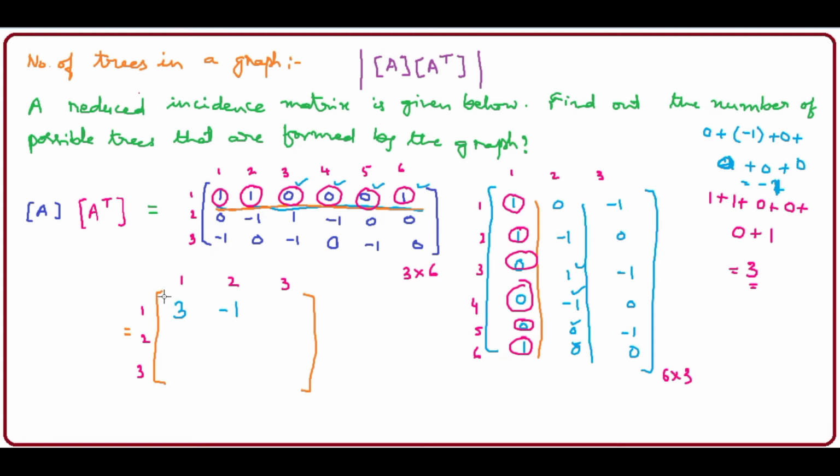So now we will consider the first row of first matrix and third column of second matrix. Then 1 into minus 1 is minus 1, and 1 into 0 is 0, and 0 into minus 1 is 0, and 0 into 0 is 0, and 0 into minus 1 is 0, and 1 into 0 is 0.